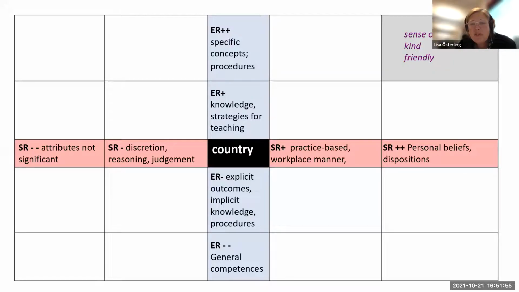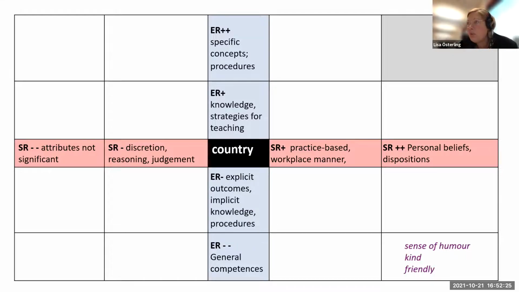So the first criteria, the teacher has a sense of humor, kind or friendly. Where would you put that kind of criteria? It goes down to the SR++. If we look at the social relations, we can see that these are quite personal beliefs or dispositions, the sense of humor, kindness, and friendliness.